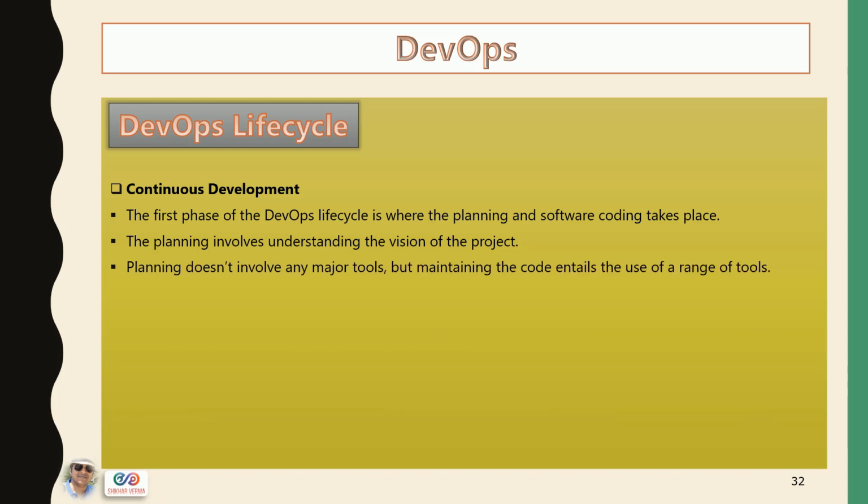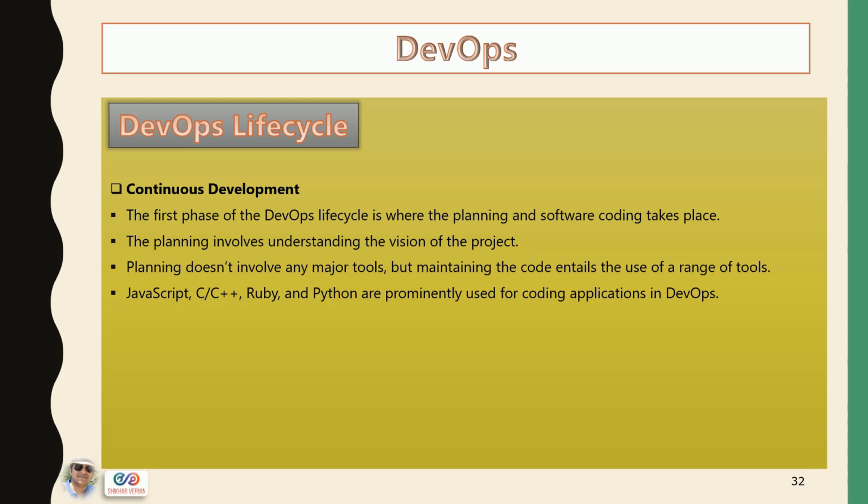Planning doesn't involve any major tools, but maintaining the code entails the use of a range of tools. In this phase, the developers will start doing the coding of the project, but they need some centralized location where they can push their code. So here it doesn't require any major tools except one tool where they can put their code. And these are the languages which can be used by the developers to start doing the coding for the project.